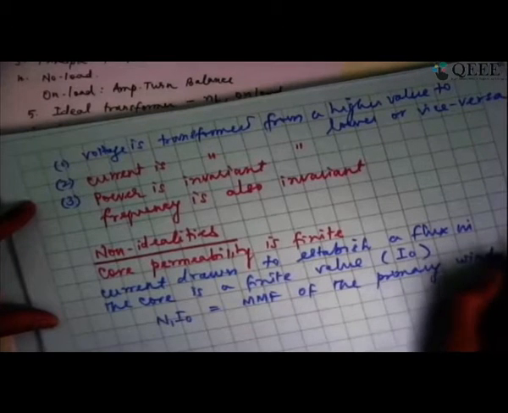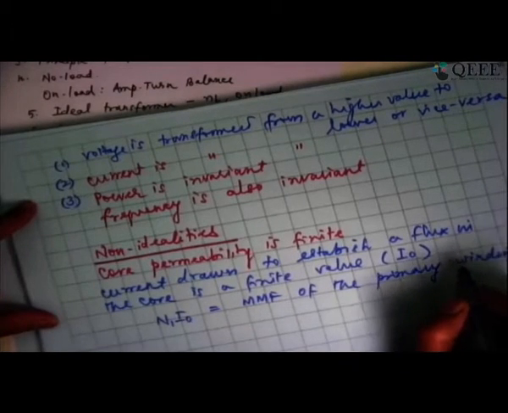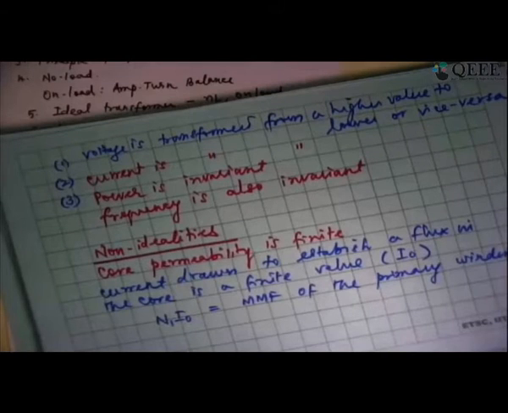Ratio of the transformer. Somebody has asked a question whether we should consider turns ratio or transformer ratio to write as K. I would rather go with N1 by N2 all the time so that I am very clear whether I am talking about the primary turns on the top and secondary turns at the bottom or vice versa.